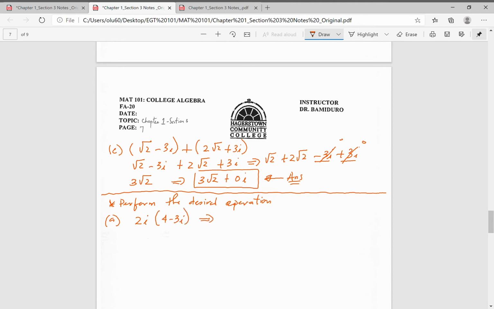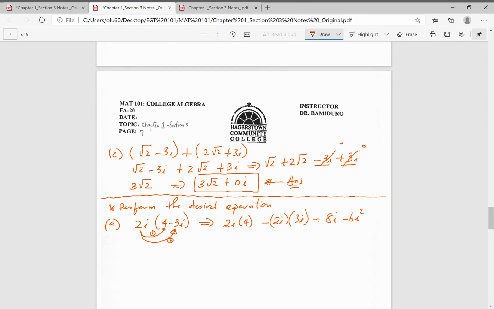So when we want to take it a step further, we want to use FOIL as we did before. So that's going to be 2i times 4 minus 2i times 3i. That gives us 8i minus 6i squared. Well, we know that i squared is what?